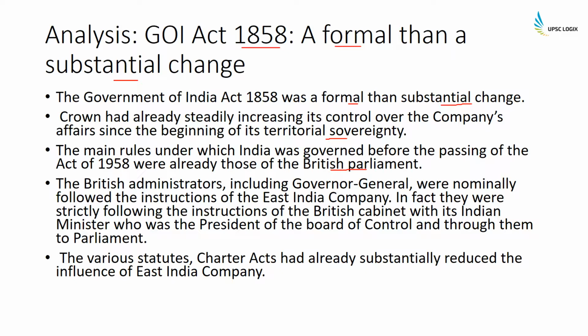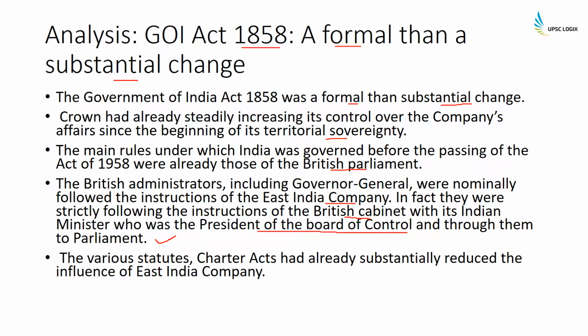The British administrators, including the Governor General, were following the instructions of the British Cabinet instead of the East India Company, and the President of the Board of Control was also a member of Parliament or the Cabinet Ministry of the British Parliament.